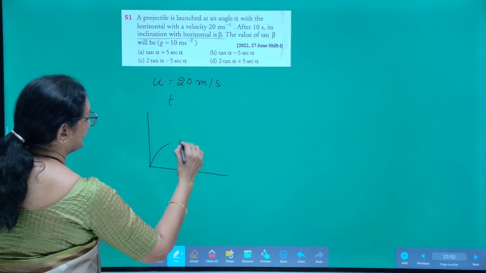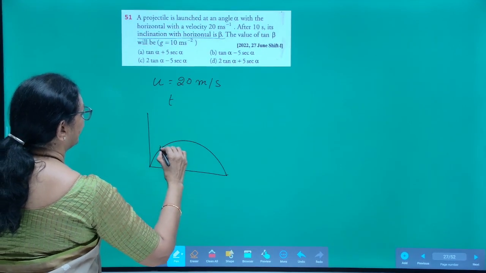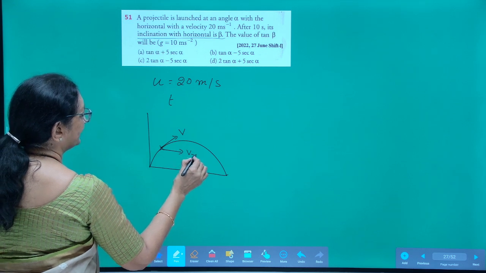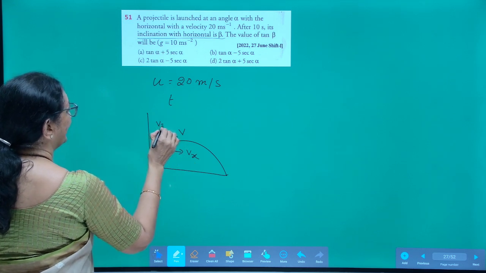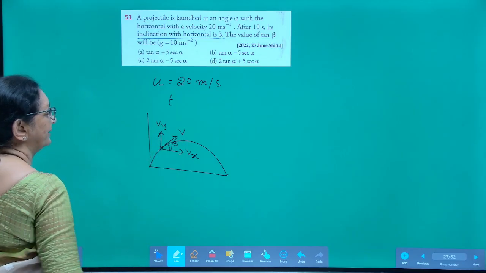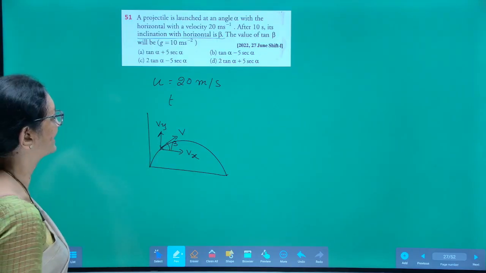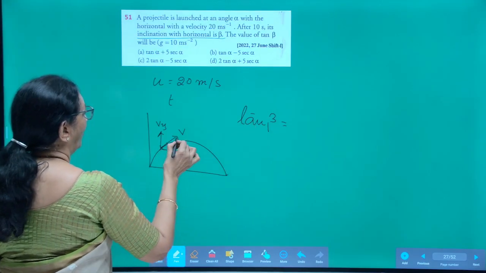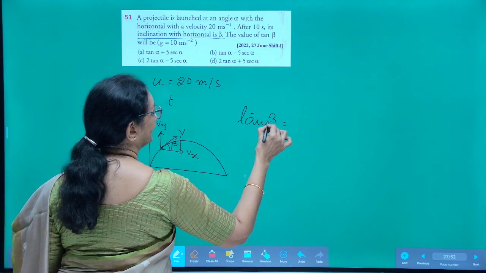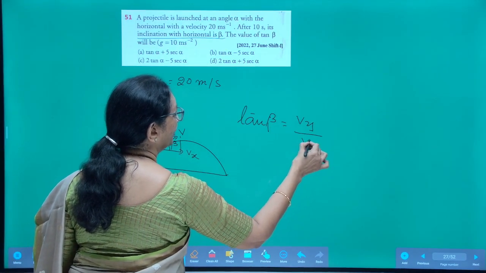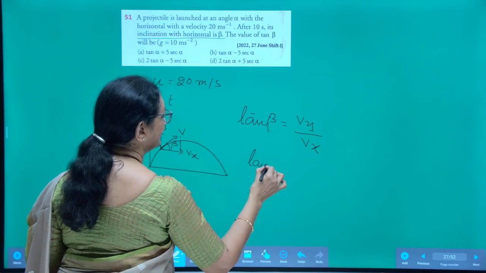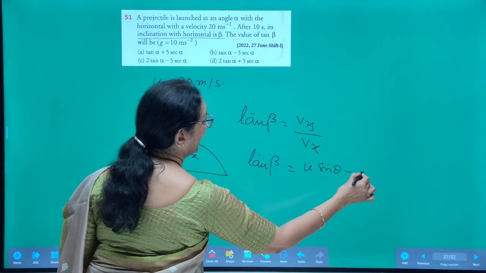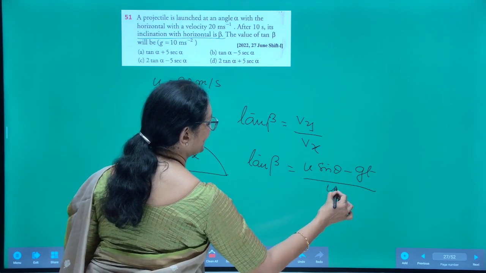See, this is a projectile at any instant of time, its velocity is along this, x component is Vx, y component is Vy, and the angle made with the horizontal is beta, from which tan beta is equal to opposite side Vy and adjacent side Vx. So, tan beta is equal to Vy, which is u sin theta minus gt, and Vx is u cos theta.